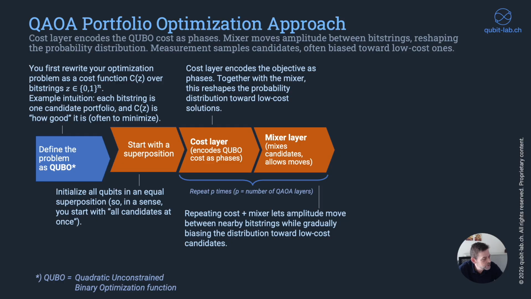In nowadays quantum computers, you cannot do too many repetitions due to the depth of the circuit. If you have too many, the depth will be too high, and then noise will destroy your results.